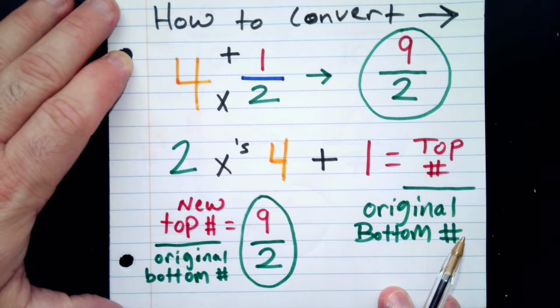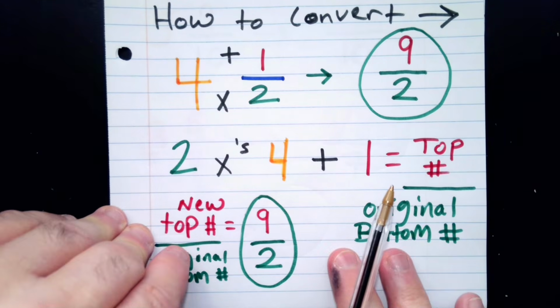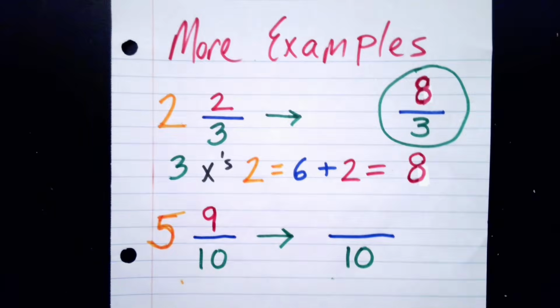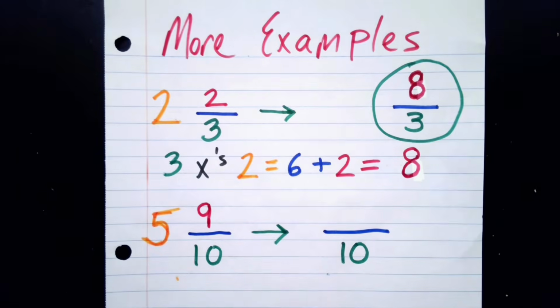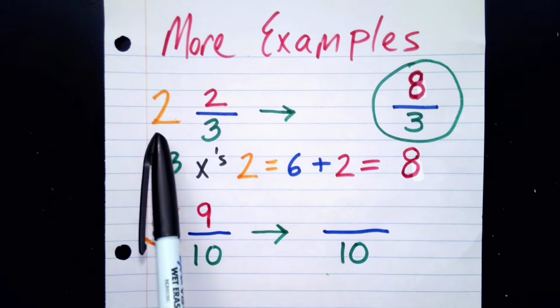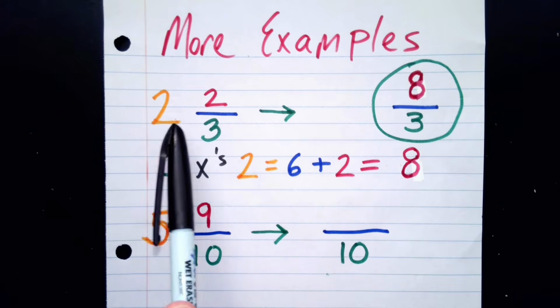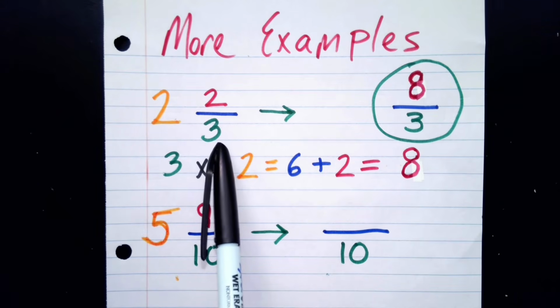Hey, let's go ahead and take a look at some examples. I will do them with you here. All right, so I've kind of set up in advance this first example. I thought that would be easiest for any learners out there. We have a mixed number, 2 and 2/3.